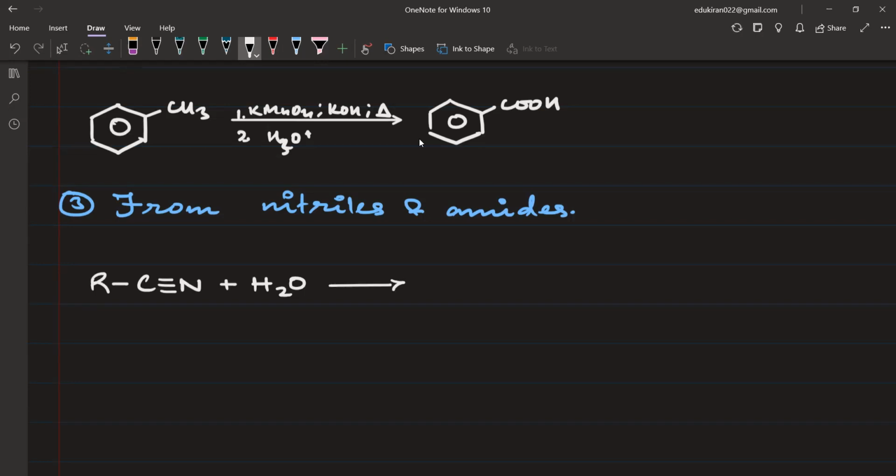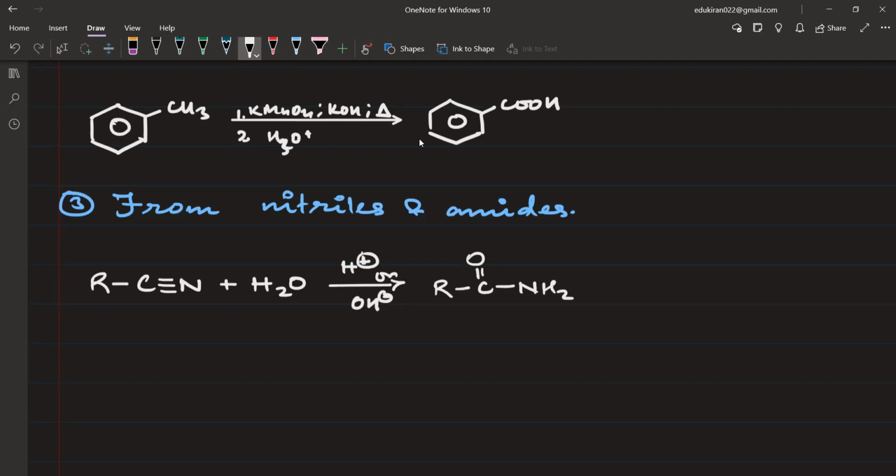Now, in the presence of acid, or you can also use base, in the presence of H plus or OH negative, you are going to add water to it. Okay. So how does the water add? Nitrogen will get both the hydrogens and carbon is going to get the oxygen. So you will get R, C double bond O, and NH2.